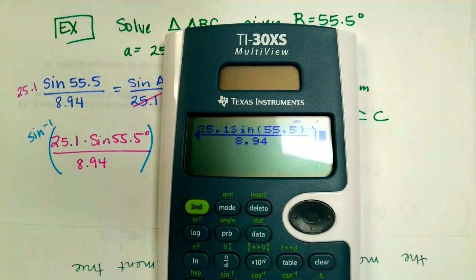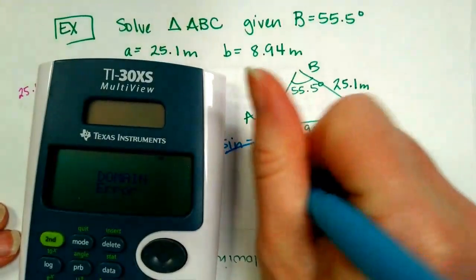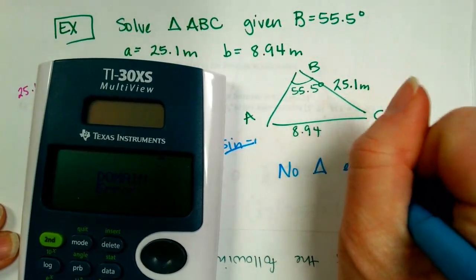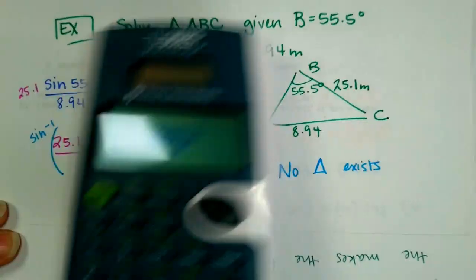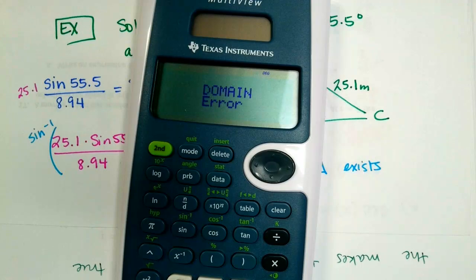It just means this triangle can't exist. So there is no triangle, because it's not possible. So you didn't do anything wrong. We have a situation that can't happen.